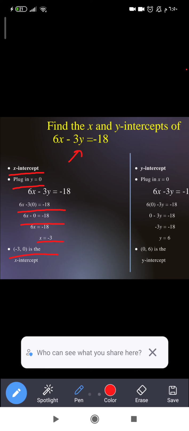This point is called the x-intercept. Now when I want the y-intercept, plug in x equals 0 in this equation. I will find negative 3y equals negative 18, y equals 6.